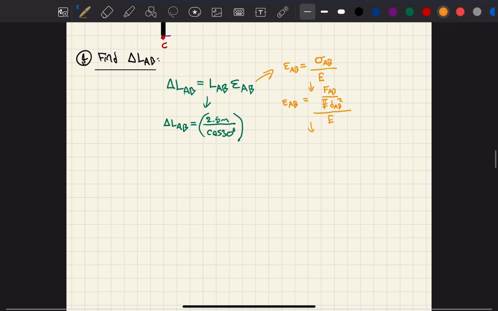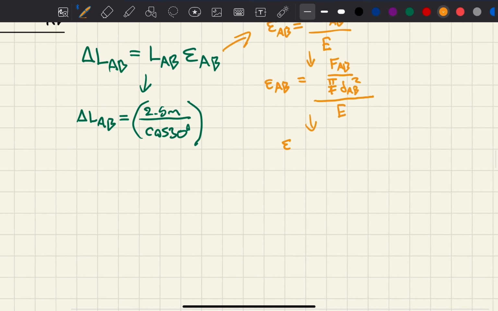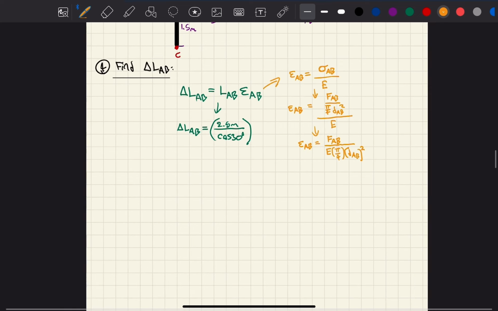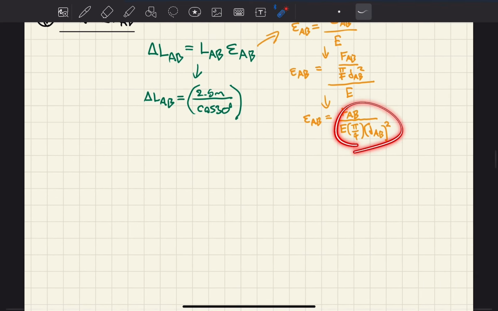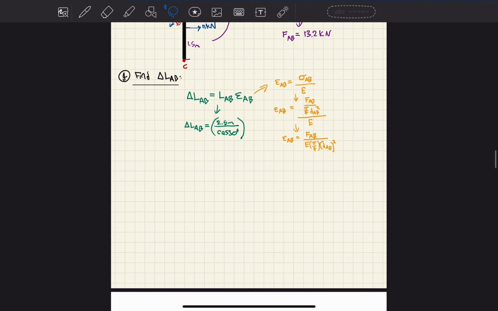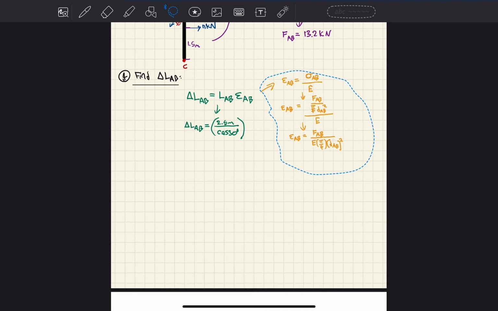And if I keep simplifying, I get that my strain AB is equal to force AB divided by my elastic modulus multiplied by pi over 4 multiplied by my diameter squared. If I plug all those numbers into this formula, let me just move this stuff over a bit.